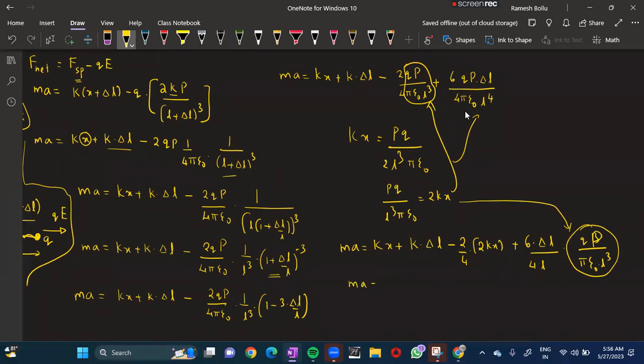So m into a equal to kx plus k into delta L. The two twos are cancelled out. So minus kx plus, two twos, two threes are. So how much? 3 into delta L by 2 into L and into this qp by pi epsilon naught into L cube value, how much? Totally 2k. 2 here also gets cancelled out.